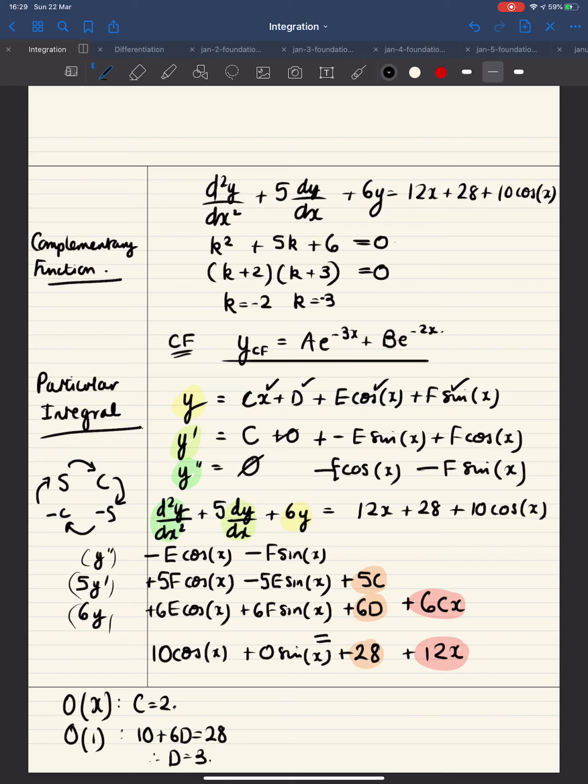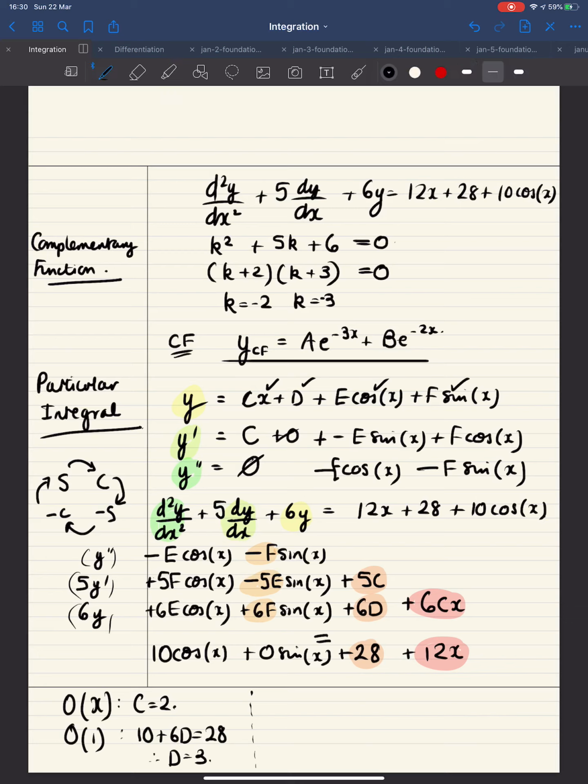And the next one, we've already done that one anyway, so I need to think about the sines and cosines now. So I'm going to look at the sines now. Minus f plus 6f is 5f, minus 5e is 0.